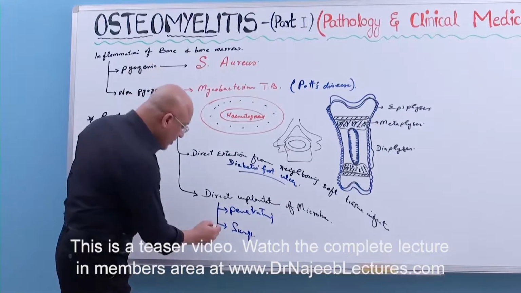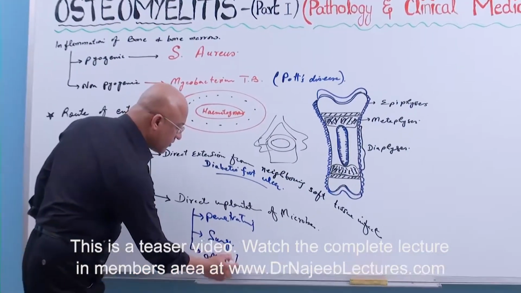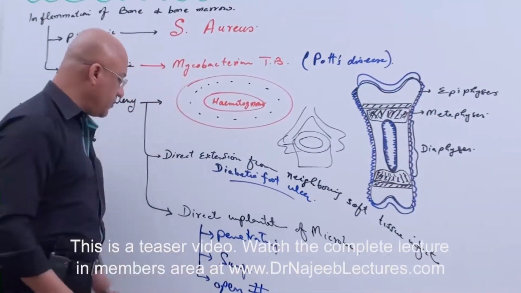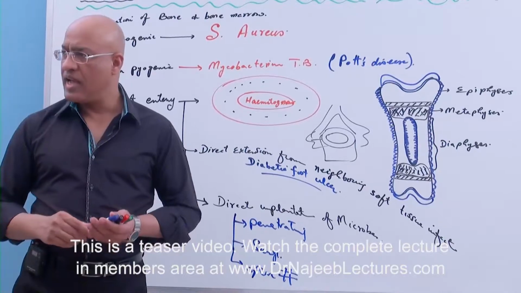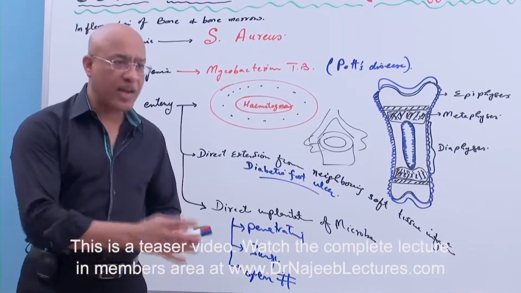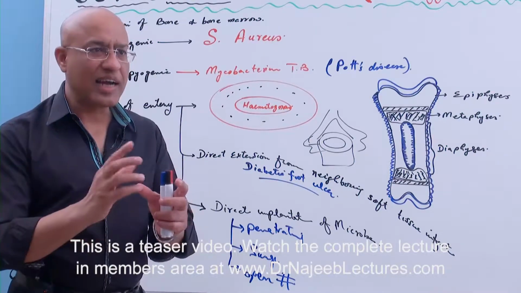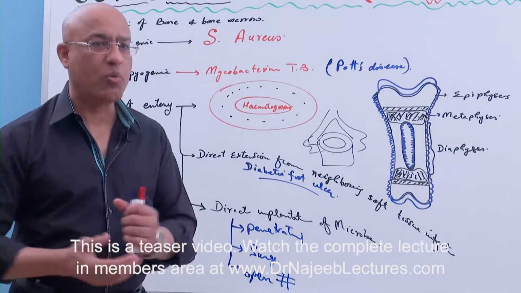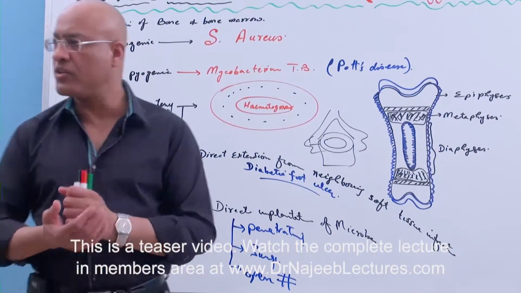Then compound or open fractures. If someone unfortunately gets severe trauma, an accident or some other condition, and there is fracture of bones, and the hematoma of the fracture directly communicates with the skin and the external world, we say these are open fractures. Of course, then bacteria can directly reach there.